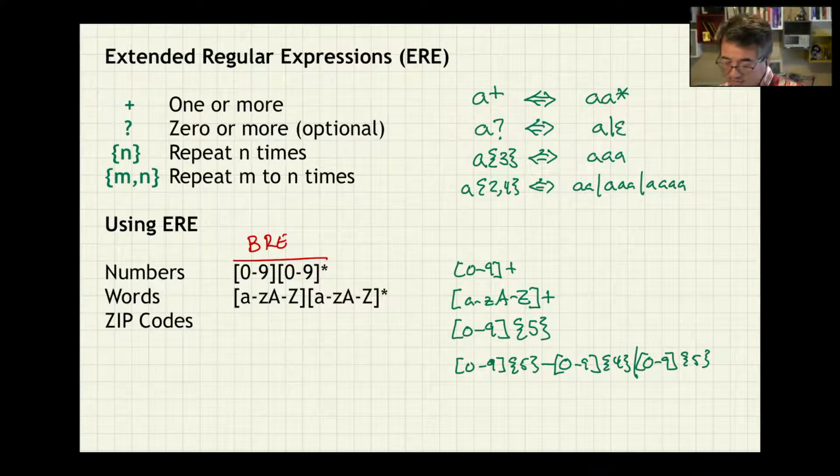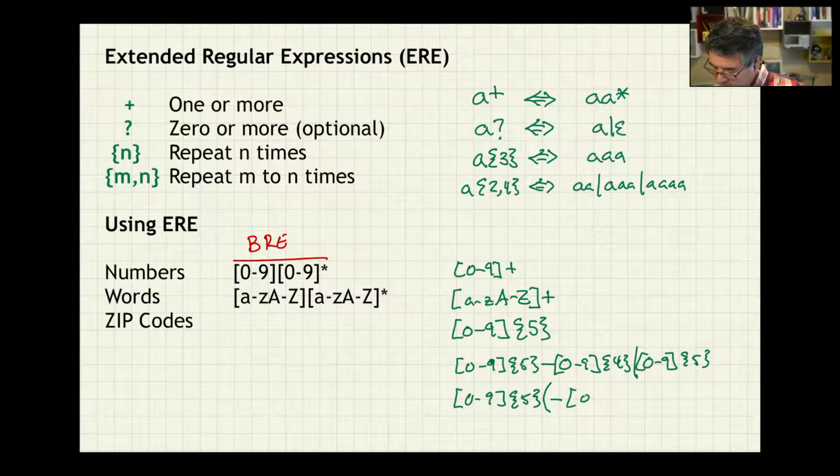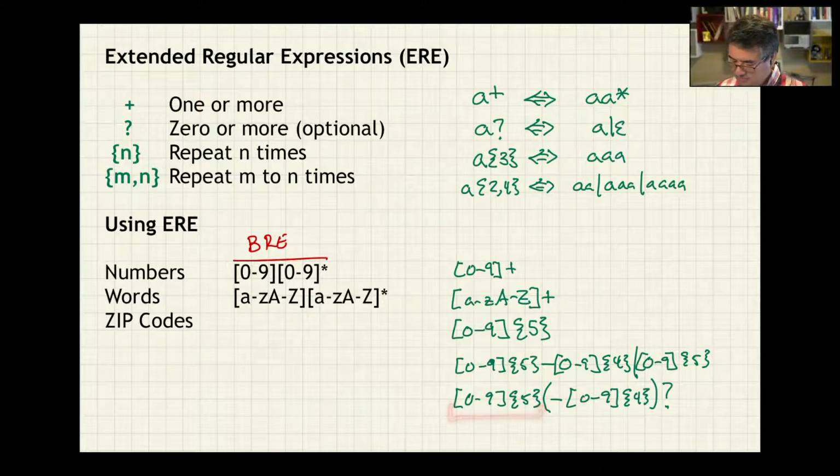It could be there or not there. That means there's another way to write this. You could do 0-9 repeated 5 times, followed optionally by a dash and 0-9 repeated 4 times, grouped together with a question mark. So it's always going to be a 5-digit zip code, followed optionally by a dash and a 4-digit zip code. And you want to group them together so that the dash and the 4 digits go together as a unit. So they're either both there or they're both not there.